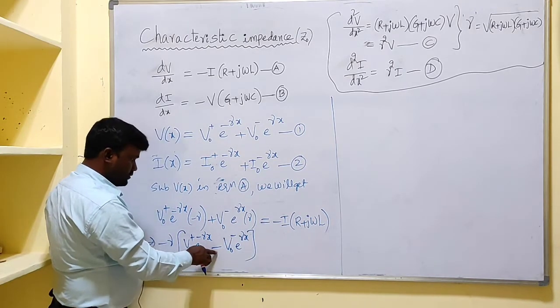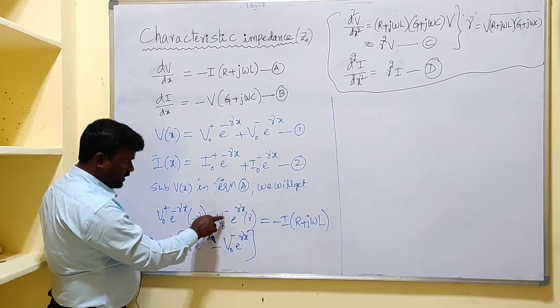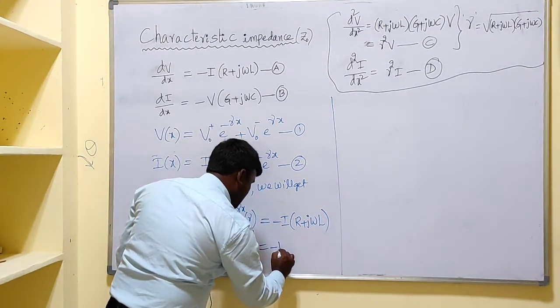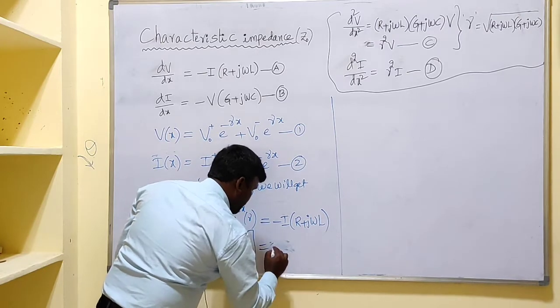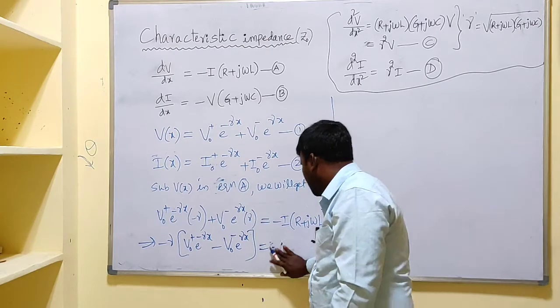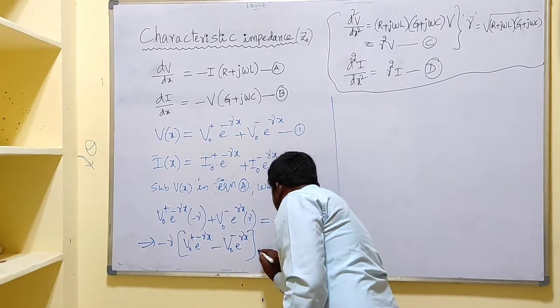So minus into minus plus gamma into V naught minus e to the power gamma x on the left hand side. On the right hand side we can write this as minus I into, or else I will write that entire term. What is I?